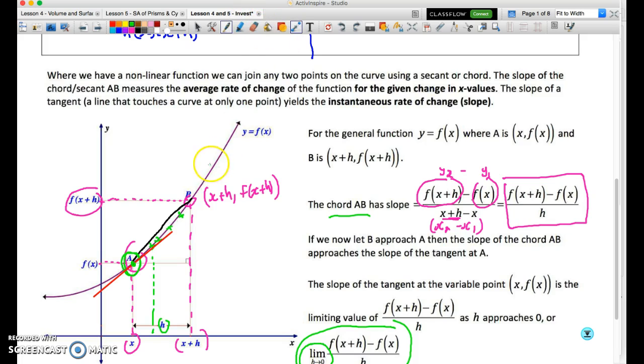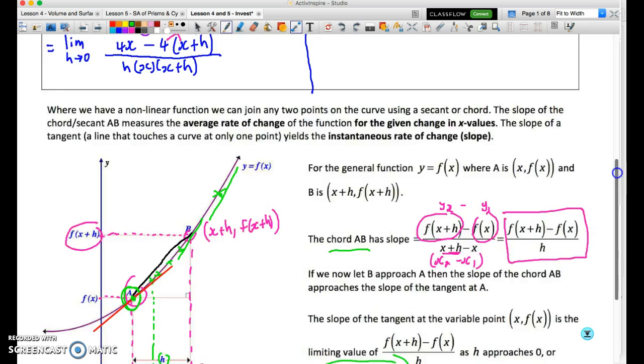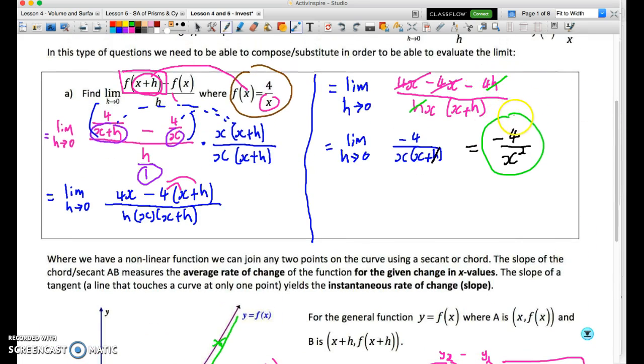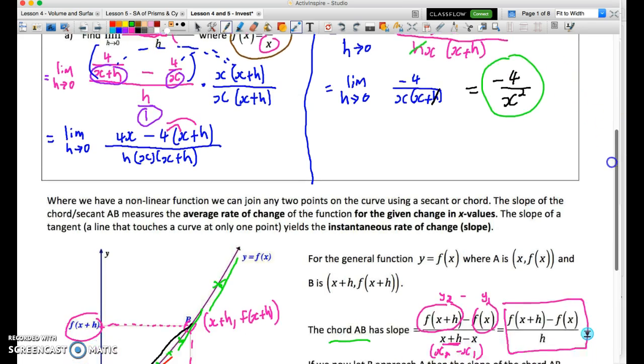That effectively means you could then use that function to evaluate the slope of any tangent at any point along the curve y equals f of x, once you've established what the limiting value is of f of x plus h minus f of x over h as h approaches 0.